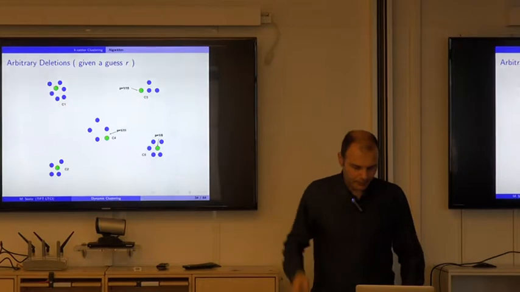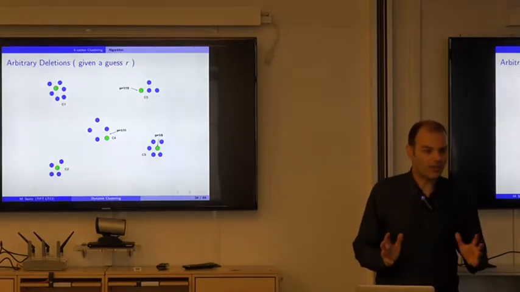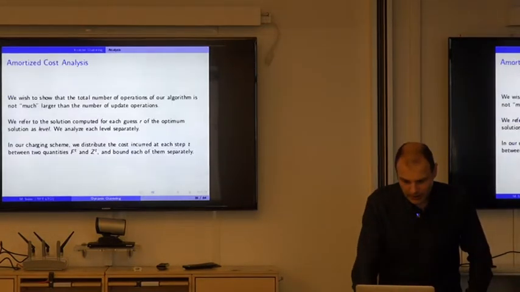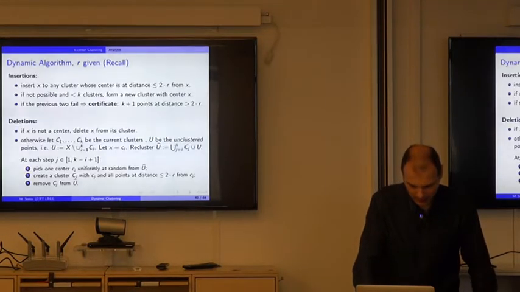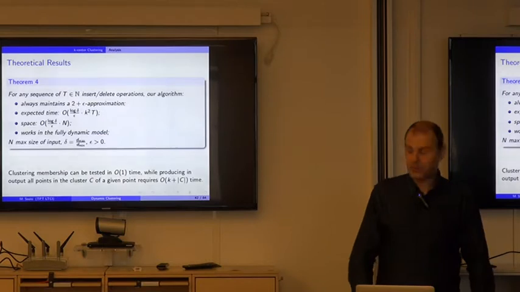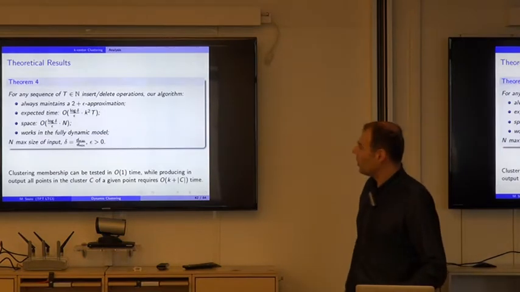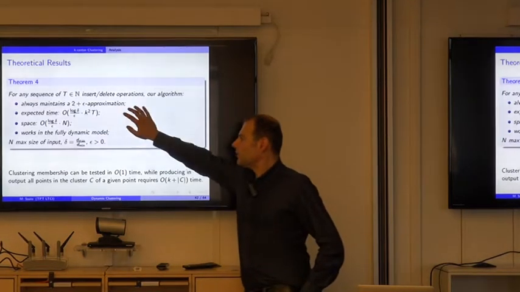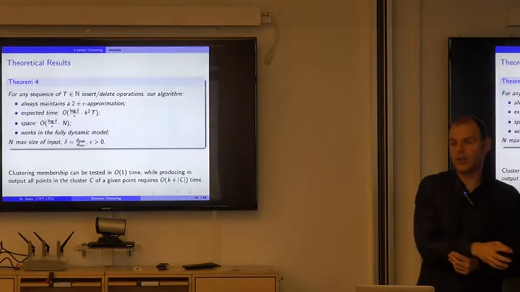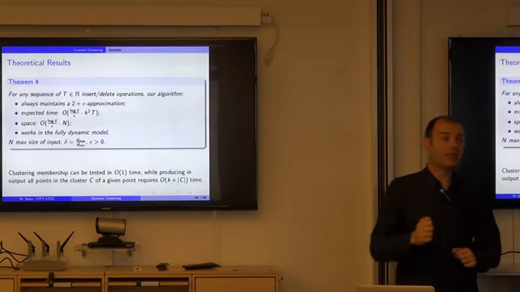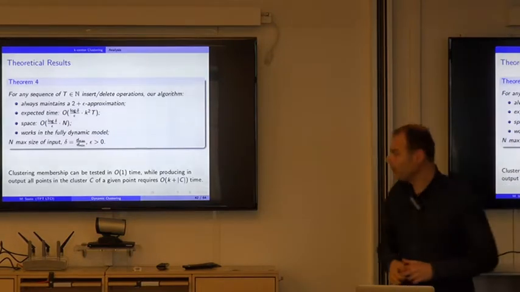I hope you got more or less the main idea. I will not show you the analysis, of course. Let me just summarize the results. We always maintain a 2 plus epsilon approximation, as opposed to a 2 approximation guarantee, so our approximation guarantee is slightly worse than what we showed before.